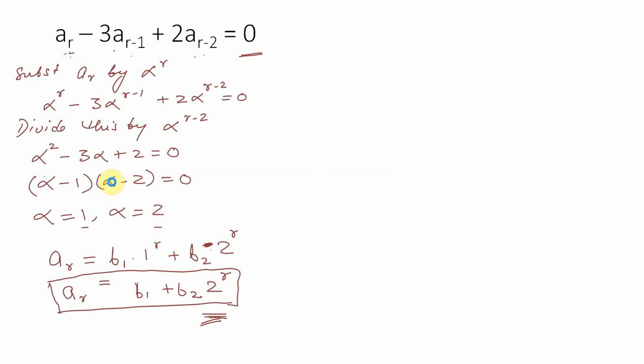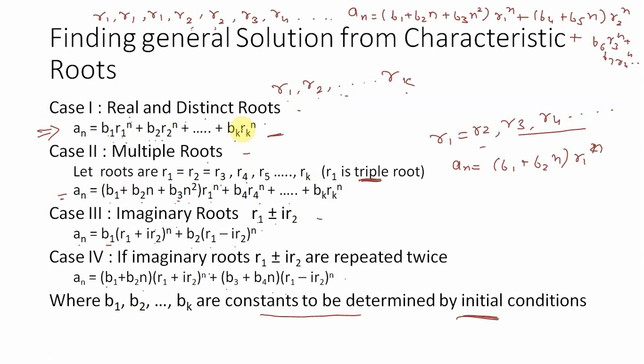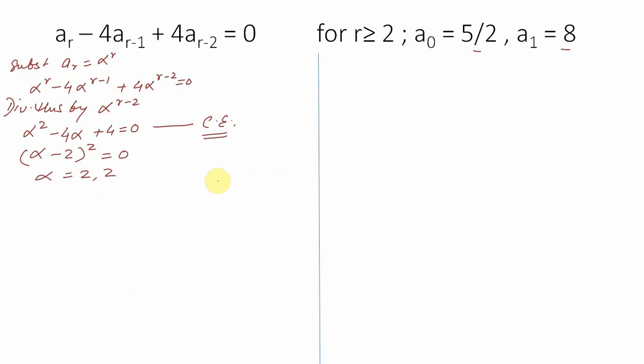Going back, if R1 and R2 are the same, I'll have (B1 plus B2 n) R1 to the power n. So using it here, a_r will be equal to B1 plus B2 r, as the root is of multiplicity 2.